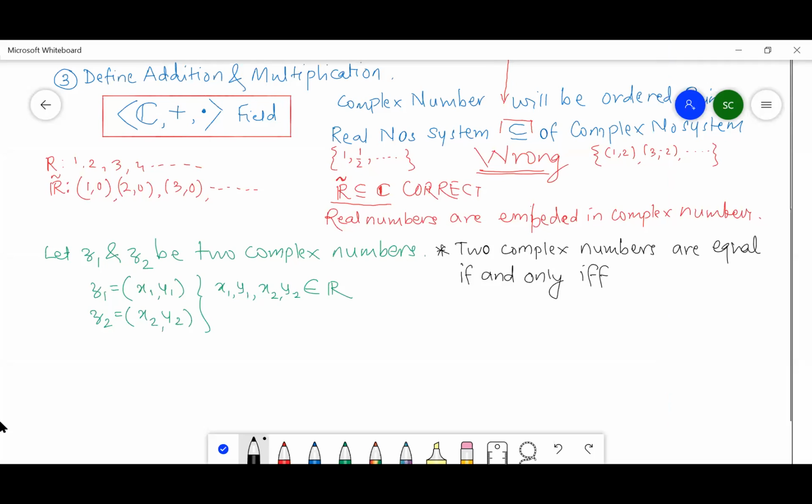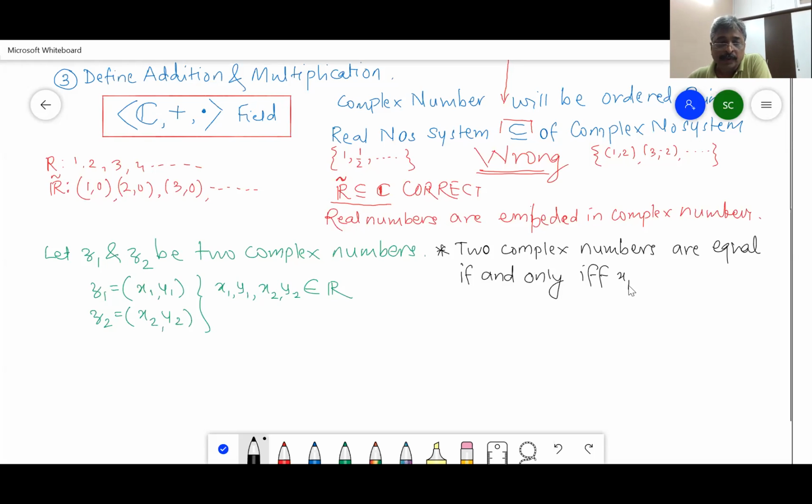Yes, that is correct. So two complex numbers are equal if and only if x1 equals x2 and y1 equals y2. So corresponding elements must be the same. That is correct. So we can finalize that if we want to say two complex numbers are equal, their corresponding elements must be equal.